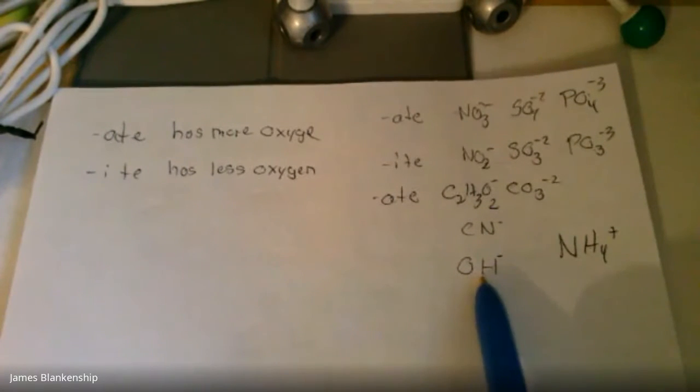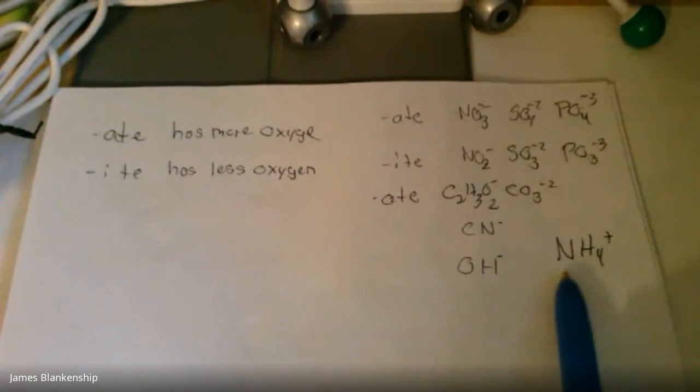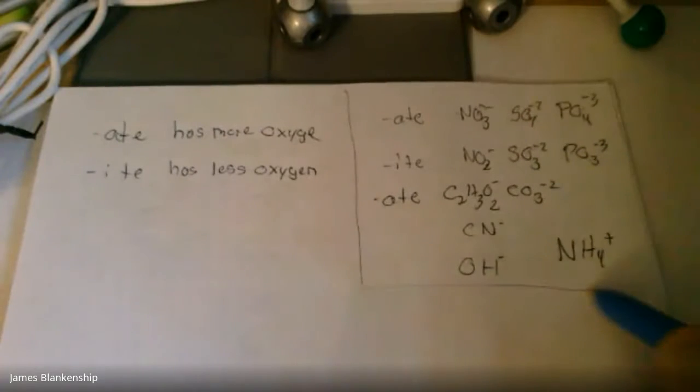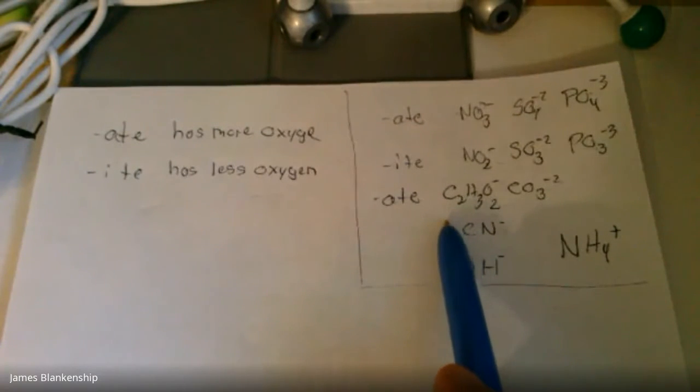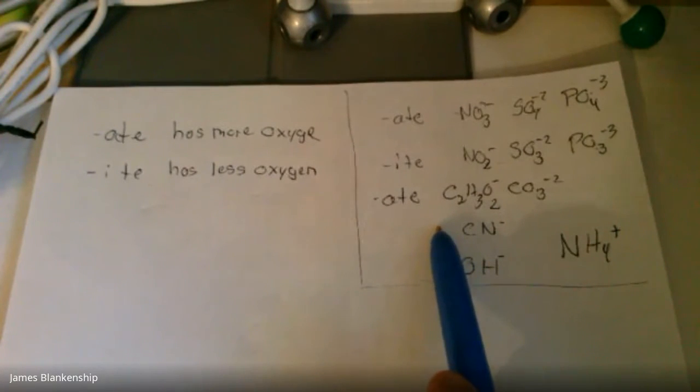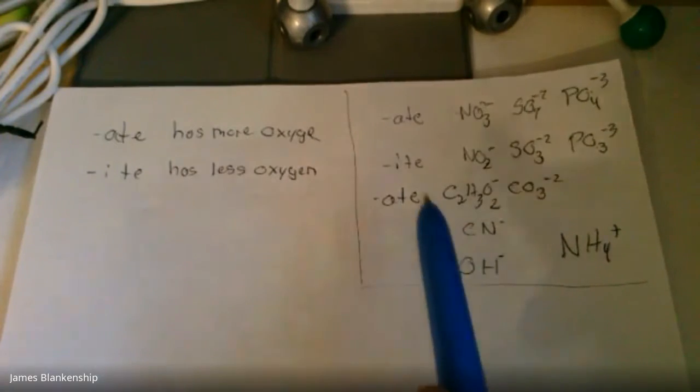This is hydroxide, and this is ammonium. Knowing these polyatomic ions will probably cover 85% or better of the chemicals you're going to come across in Gen Chem 1 and on into Gen Chem 2. They keep reoccurring over and over again.